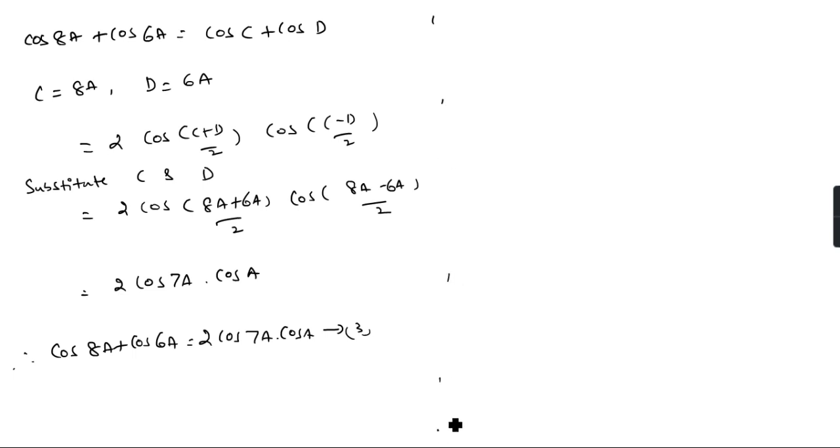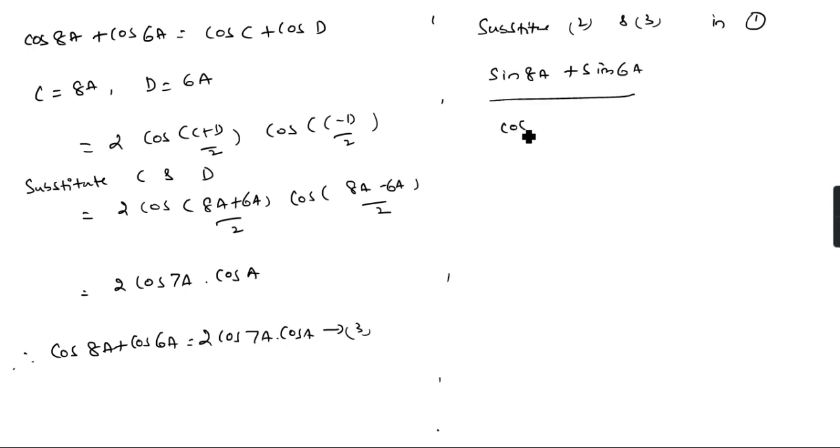So therefore substitute 2 and 3 in 1. What is 1? That is (sin 8a + sin 6a) / (cos 8a + cos 6a).